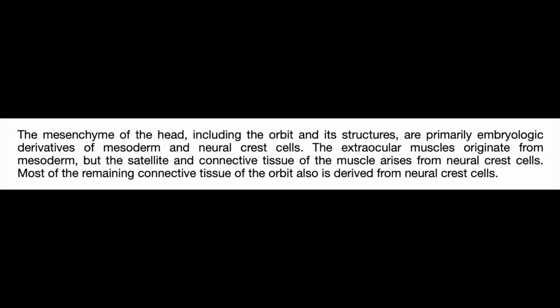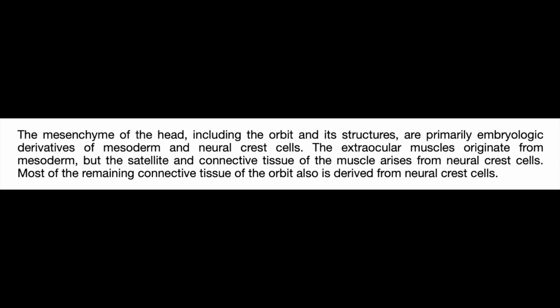In one of the other references, it's mentioned that the extraocular muscles are of mesenchymal origin. The muscles are derived from mesoderm, whereas the connective tissue components originate in neural crest. Their embryonic origin requires an interaction between the cranial mesoderm and migrating neural crest cells.